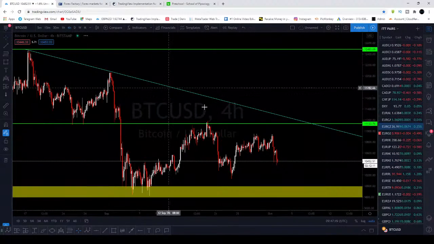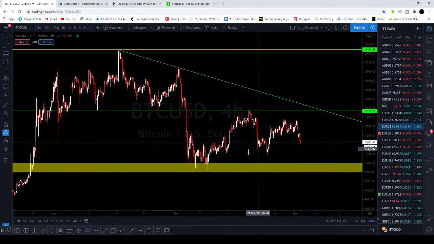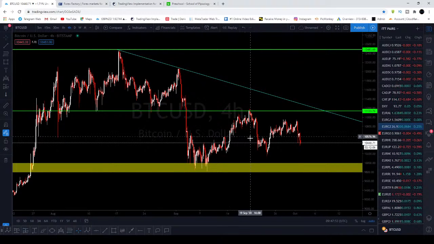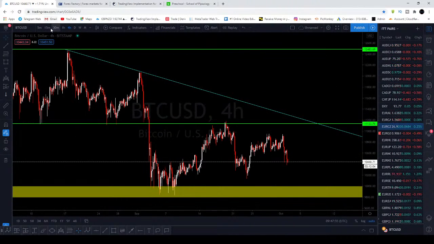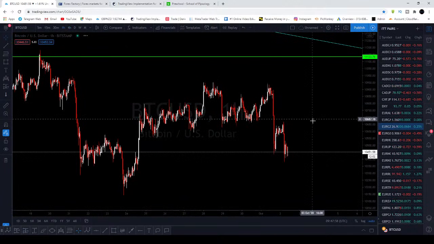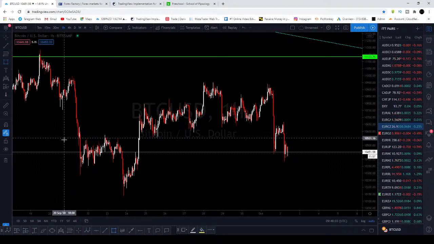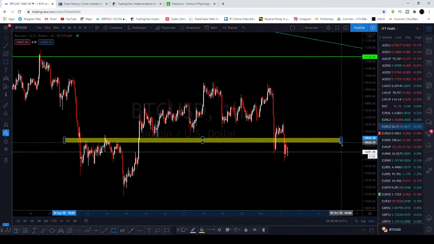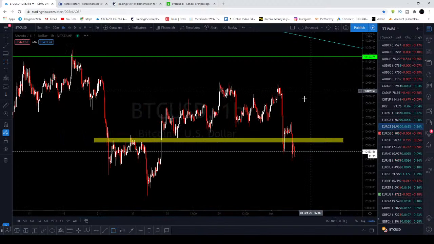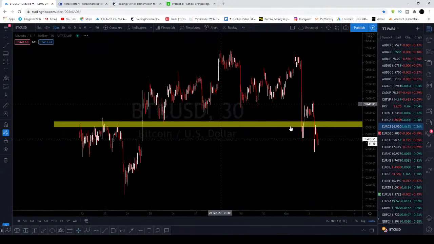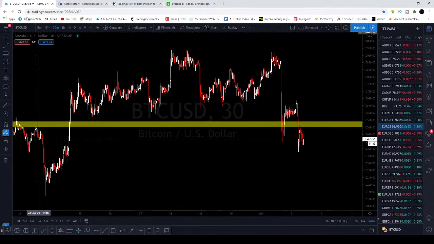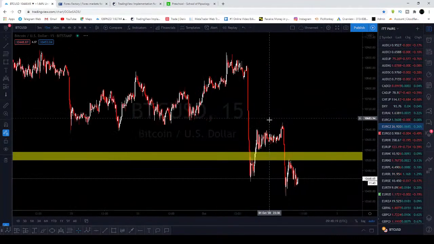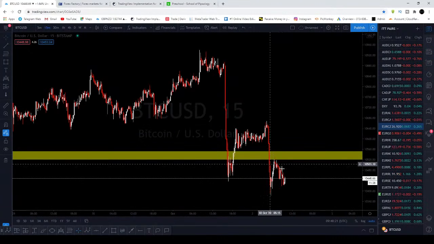Of course, if you come down to the 4 hour time frame, you know what I'm talking about. On this 1 hour time frame, for sure it is going to drop, so I can put another one here. From here, I'm expecting Bitcoin to continue dropping. This is 15 minutes, you see it?